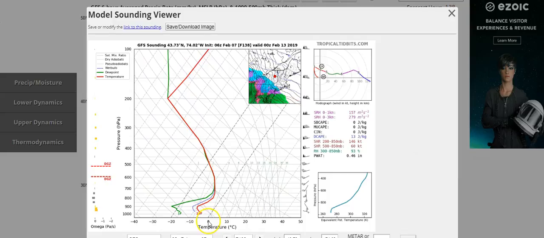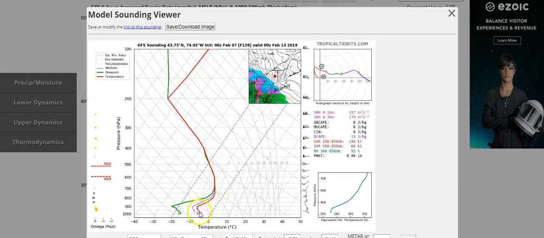The zero line here is your freezing line, and it runs up on an angle as you head higher into the atmosphere, accounting for the fact that normally you would see temperatures falling with height. Now, you can follow it along in terms of the sounding.